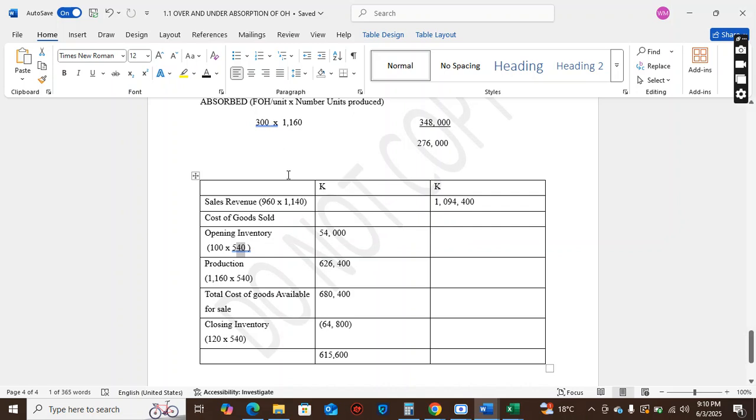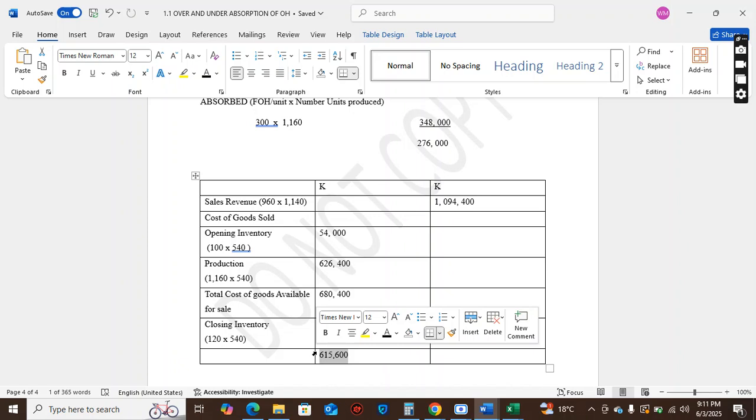We used an overhead absorption rate for 1,400 units, but here we've produced 1,160 units. So we've under absorbed, and cost of sales is understated.